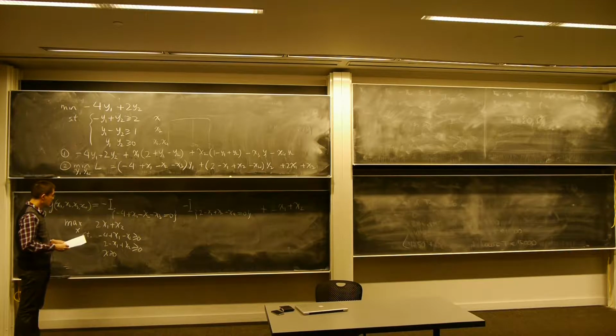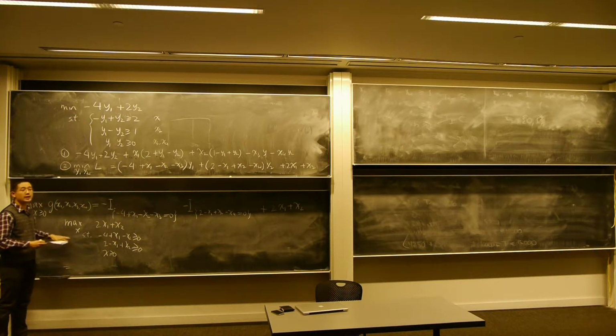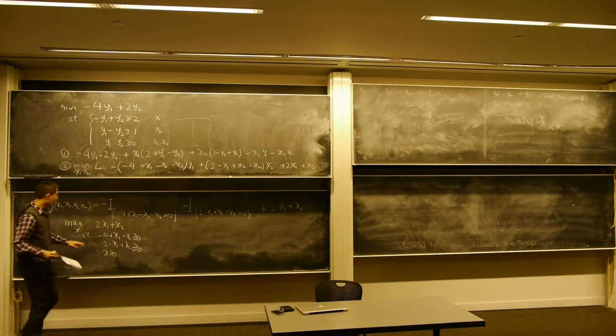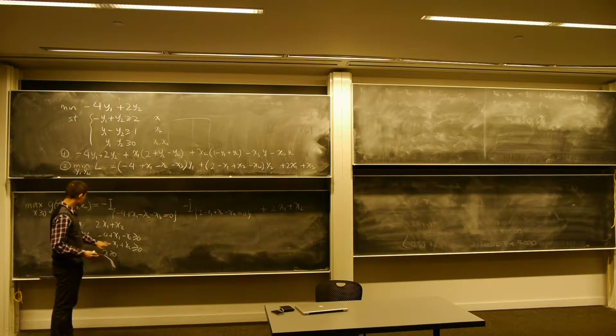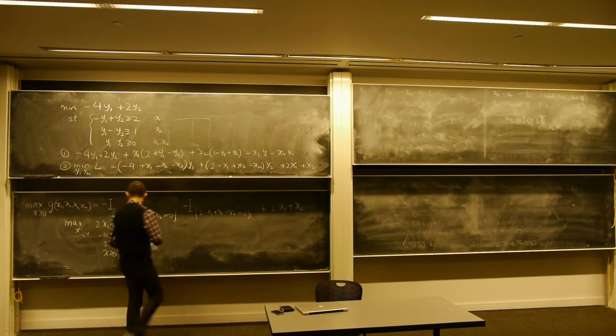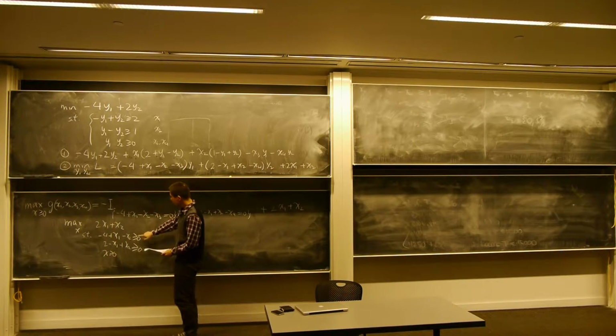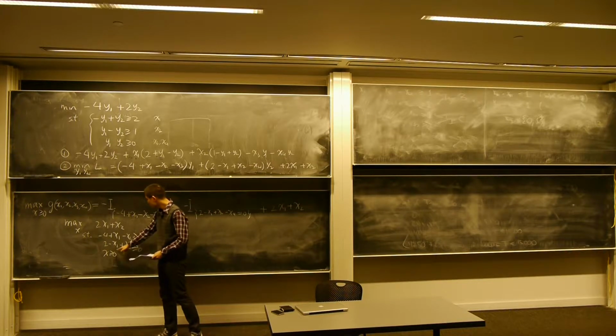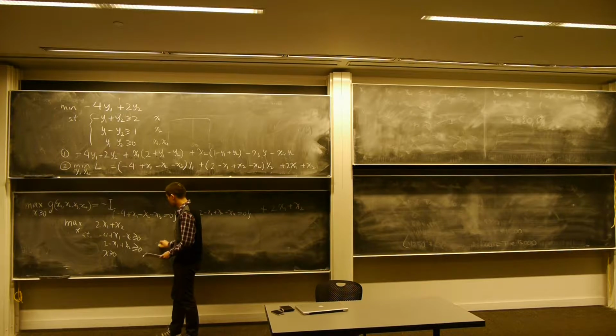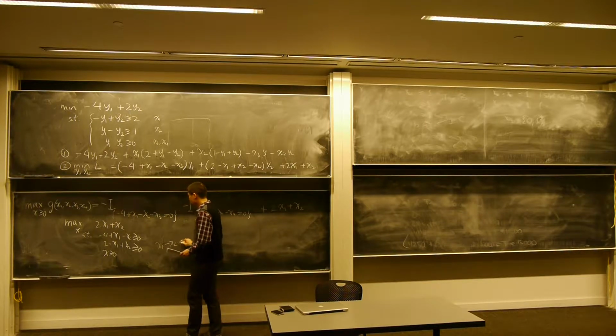Okay. So the second question is, what is the duality gap? So if you observe the dual problem, you find out that the first constraint is x1 minus x2 needs to be greater or equal to 4. Second one reads x1 minus x2 needs to be smaller or equal to 2.